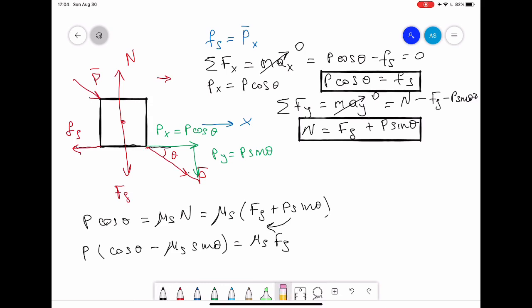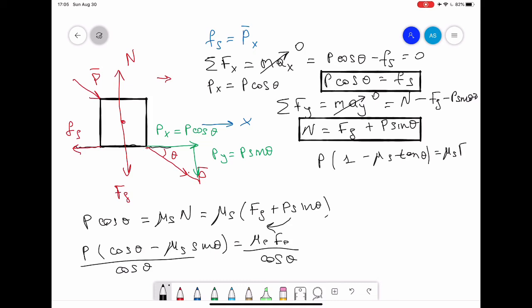Now let's divide both sides by cos theta. Then we get P times 1 minus mu s tangent theta, equal to mu s Fg multiplied by sec theta.